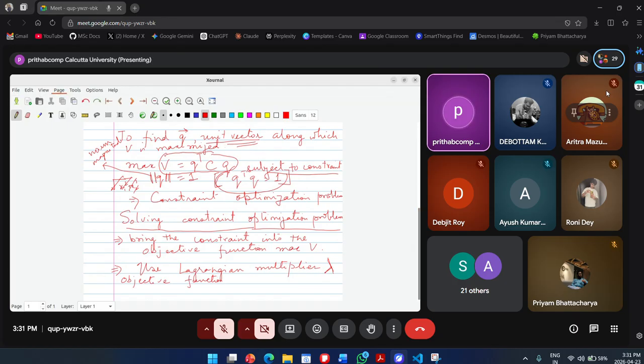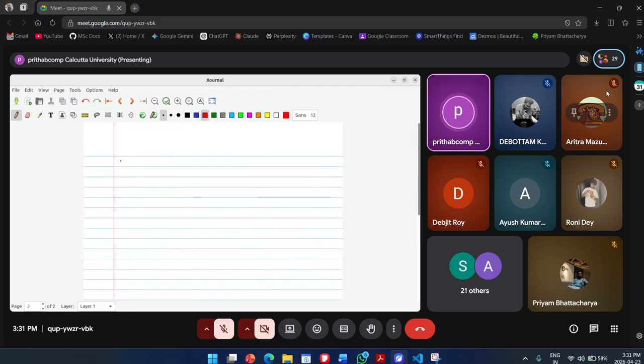I have to take a new page. So the objective function now becomes: maximize V dashed, which is Q transpose C times Q minus lambda times Q transpose Q. Q transpose Q must be 1.